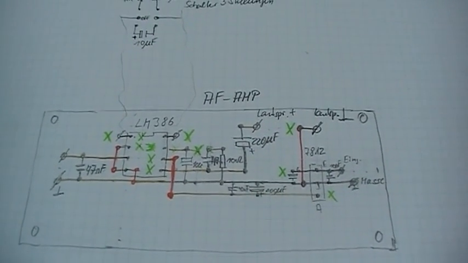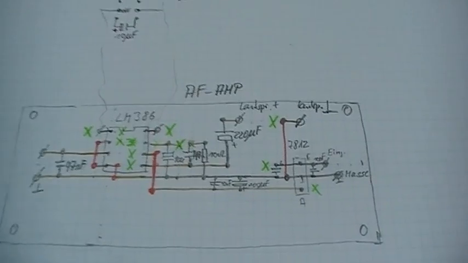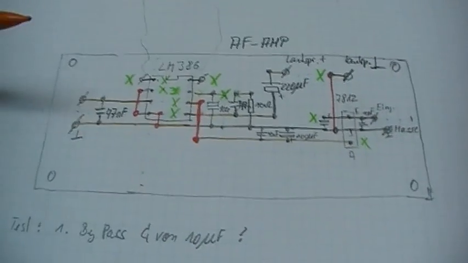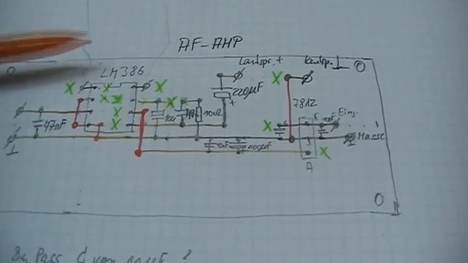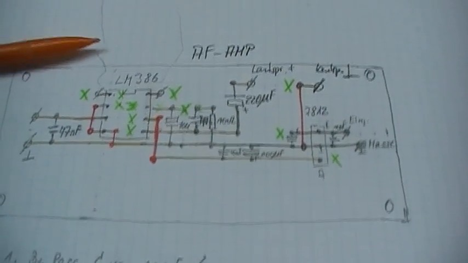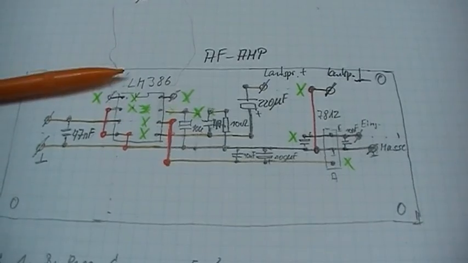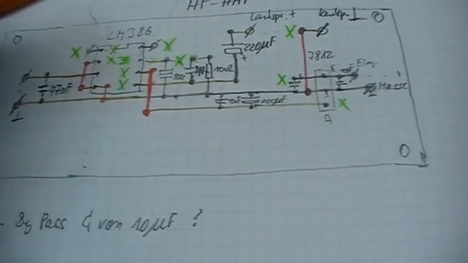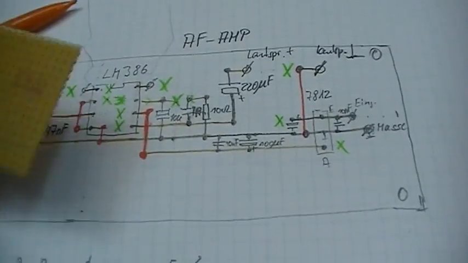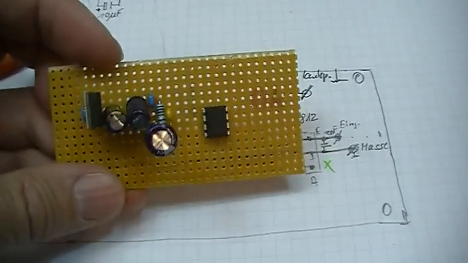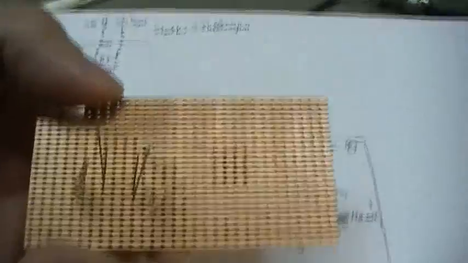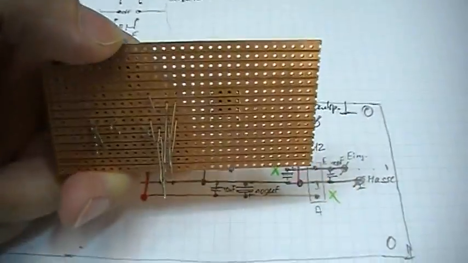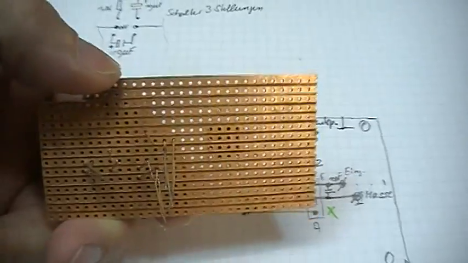I have almost done my circuit board planning. So that will be the circuit board for the audio amplifier, and it will look a bit like this here. So I'm using these proto boards.